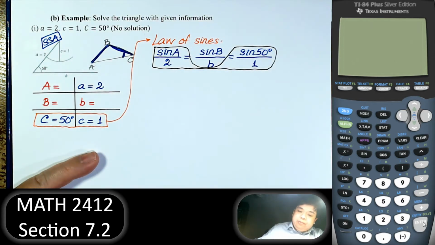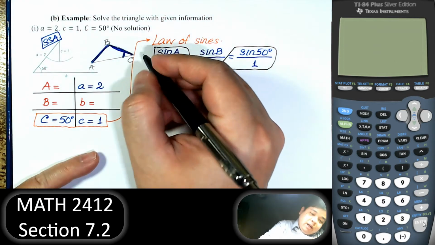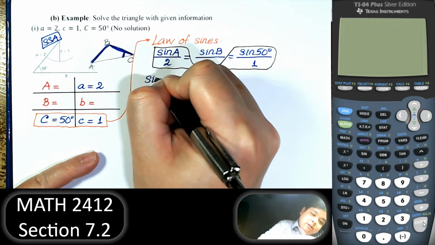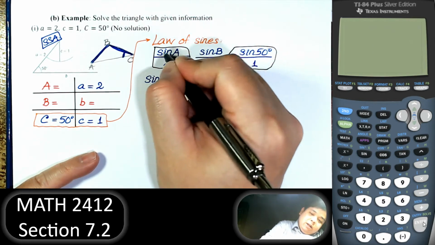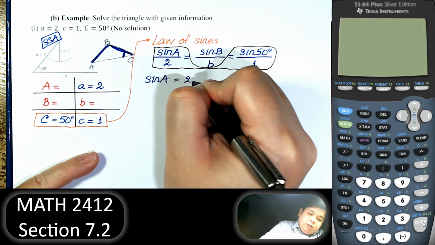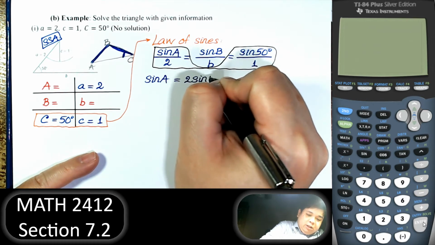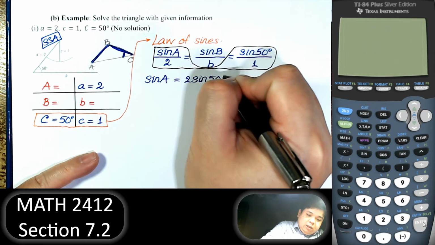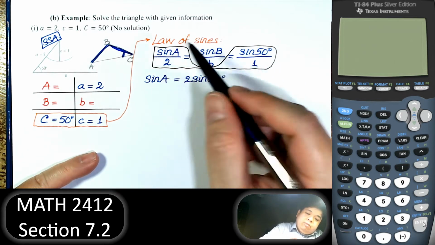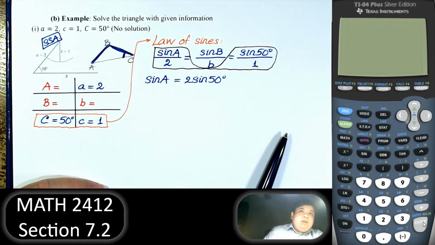Cross multiply. We have sine A equal to 2 sine of 50 degrees. Of course, 2 sine of 50 degrees.